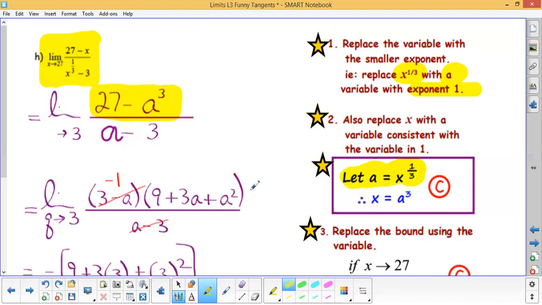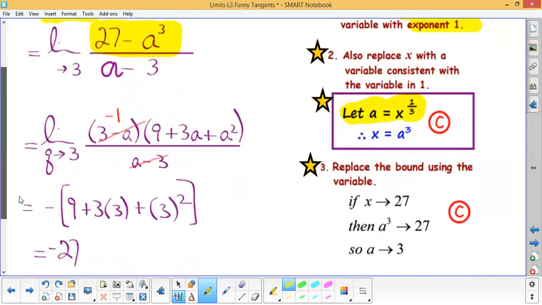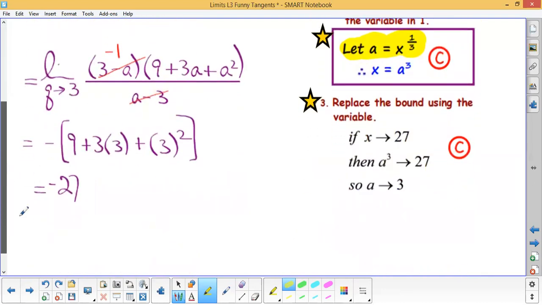And you can modify your whole equation by replacing it with a, and then you can factor that back in. So because your answer is 27 and a to the power of 3 is equal to 27, you can then figure out and solve what you need to solve later on.